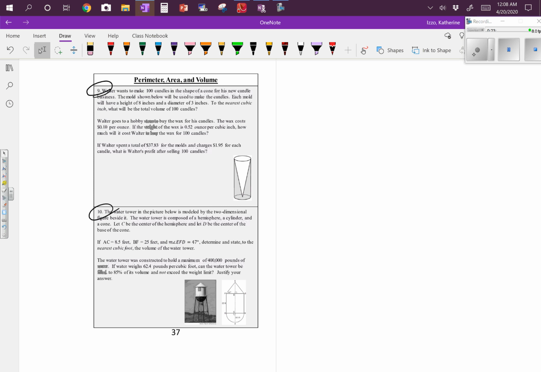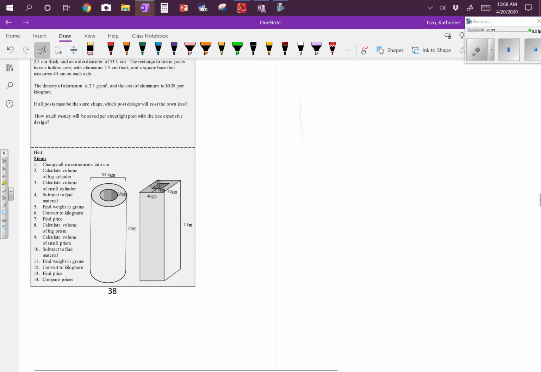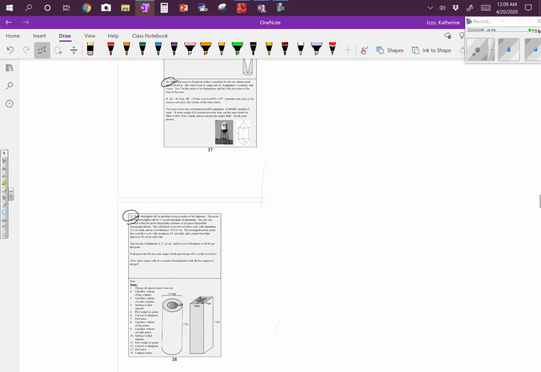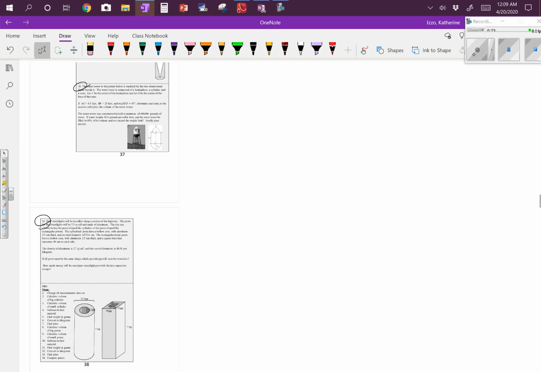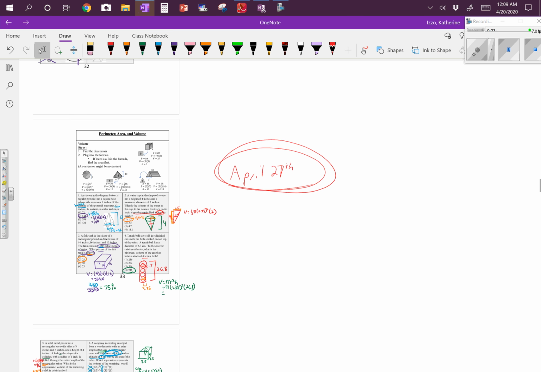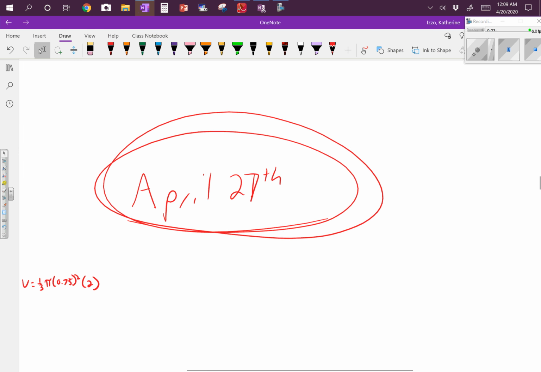Your mission is to finish up this packet all the way to page 38. So you will have pages 27 through 38, and I want you to get me those by April 27th. Now, how do you get me those? Who remembers? Squirrel, do you remember how I told them to get it to me? No? Well, you have to do a video.